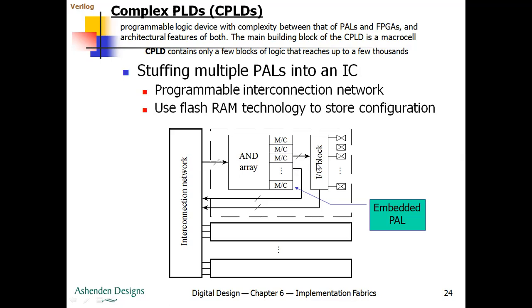So the CPLD can be explained with the help of this particular diagram, also mentioning the use of the interconnection network, the macro cells, and the IO blocks.